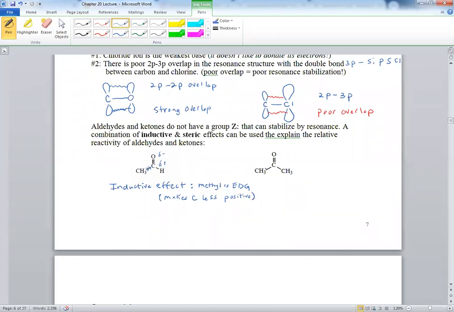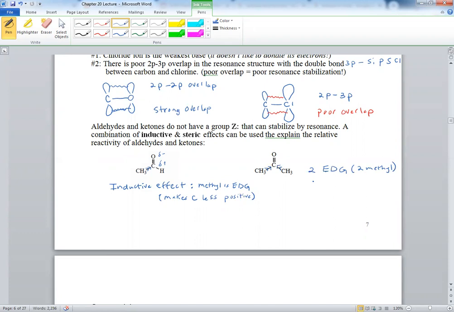Now this one has two EDGs, not only one, but it has two EDG groups. So what can you predict? That this will be stabilized even more, right?